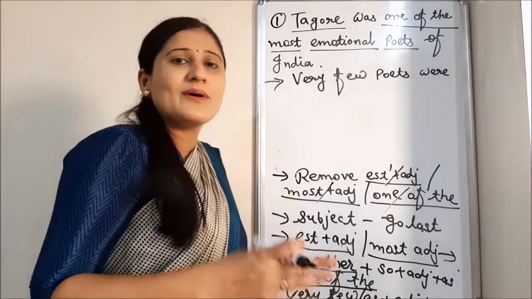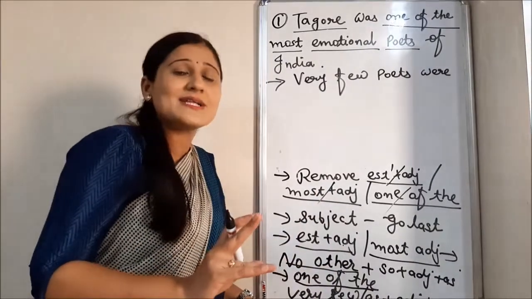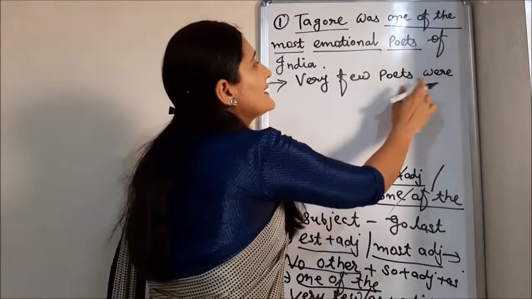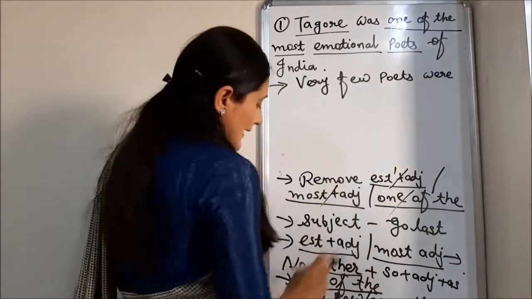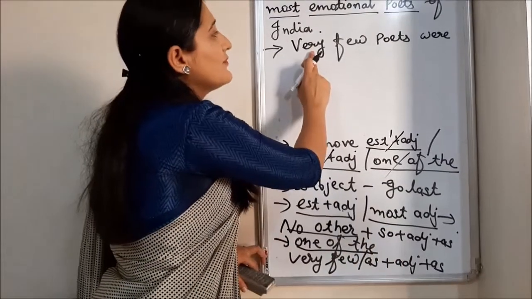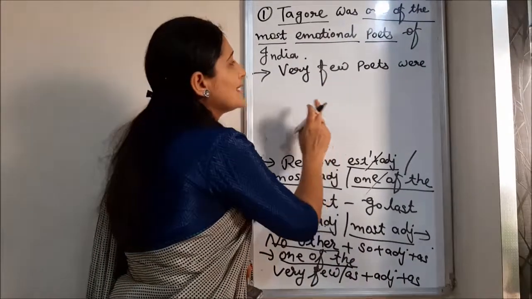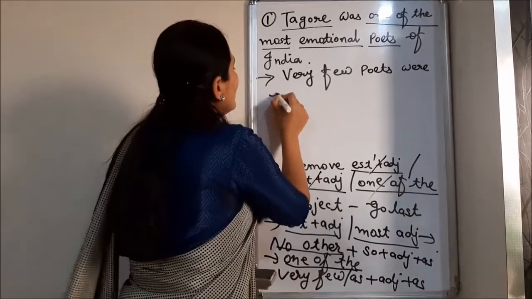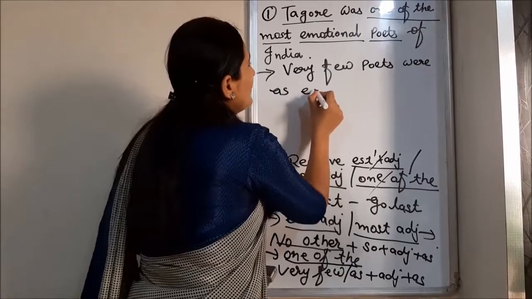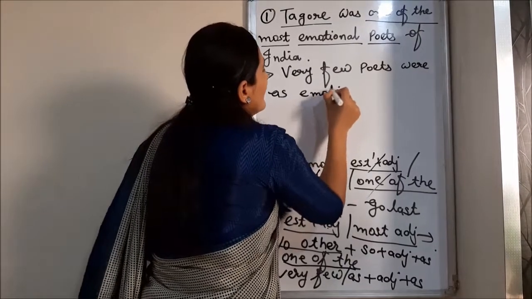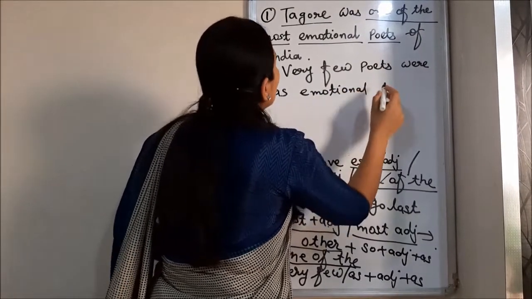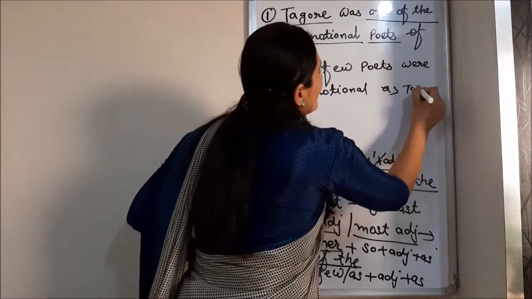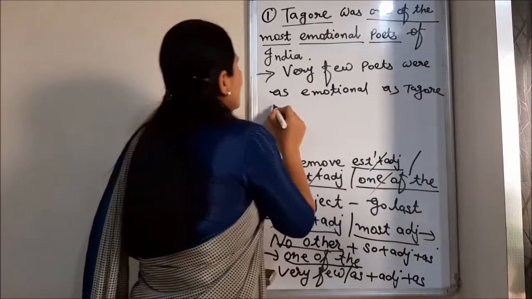Something common in all rules of all English grammar topics you need to refer to, right? So very few poets were as adjective as. After very few plural noun, then as adjective as. So very few poets were as emotional as, then the second subject Tagore of India.